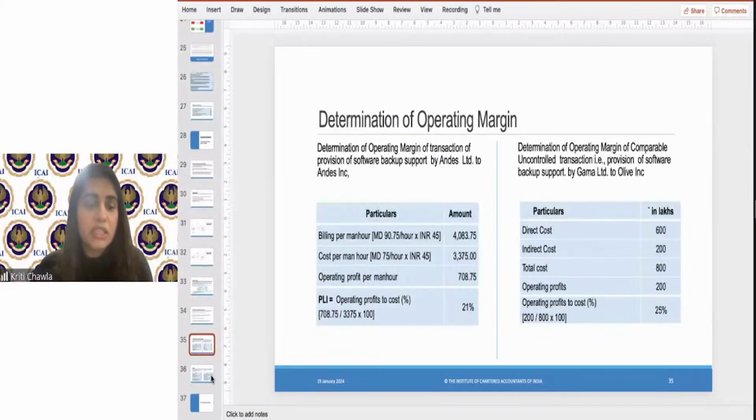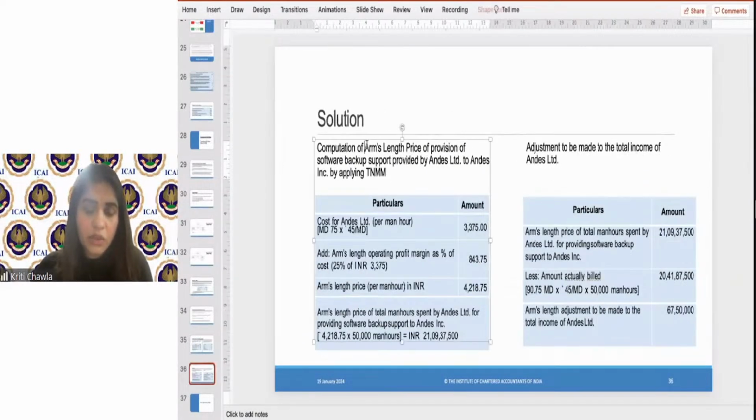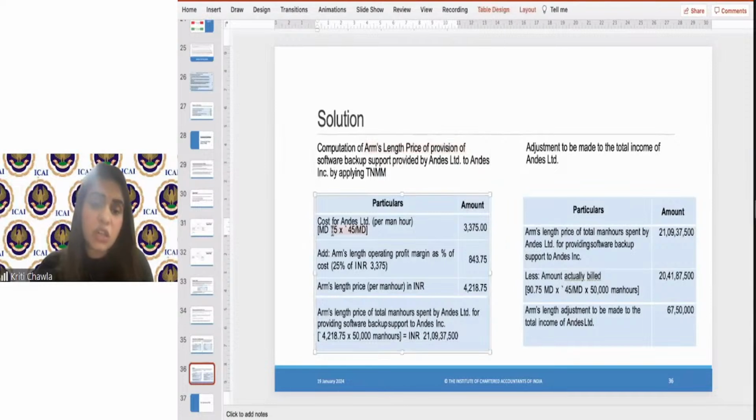So what we do is we calculate the arm's length price. What is the correct arm's length price? How do we do that? Well, we see what is our cost, which is 75 into 45. This is our cost, which is 3375. We just calculated it. Add the margin. What is the correct margin? Well, the correct margin is 25%.